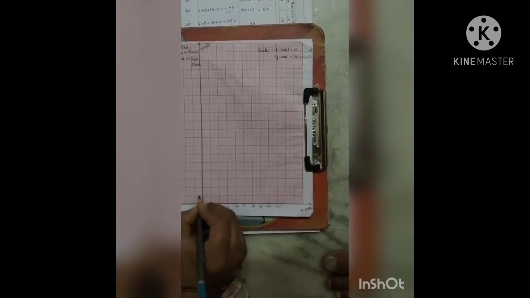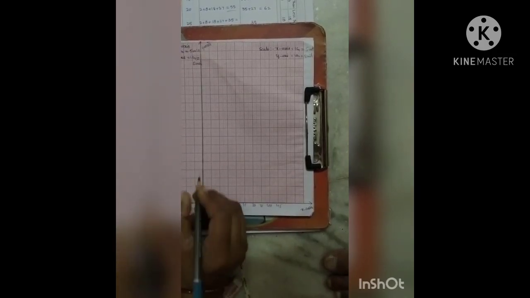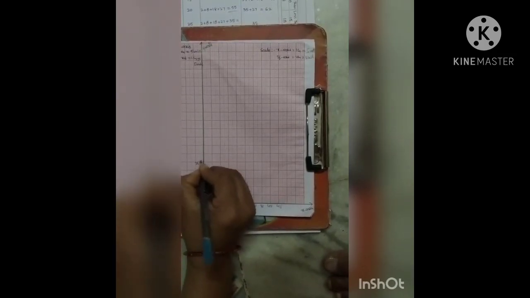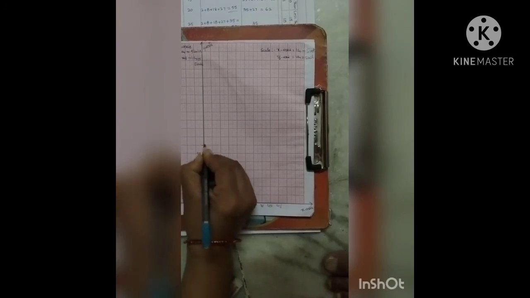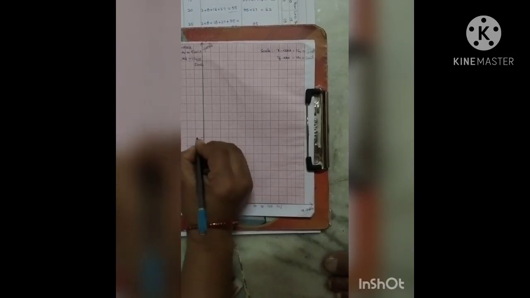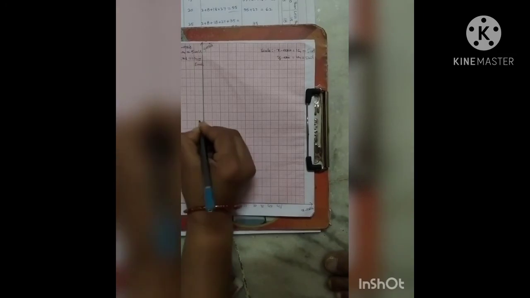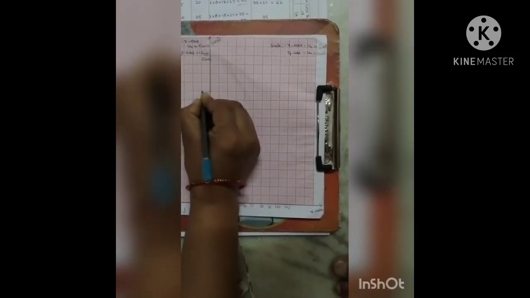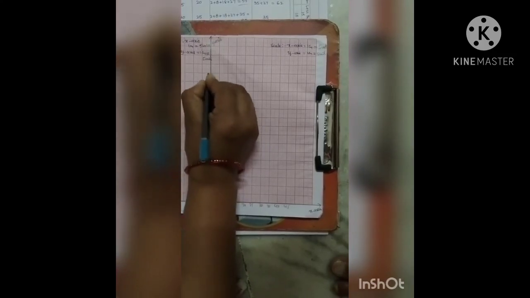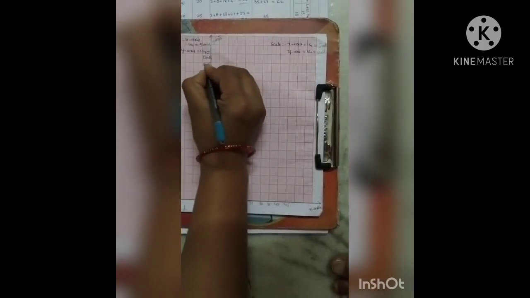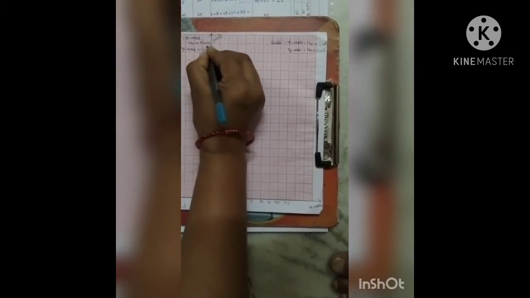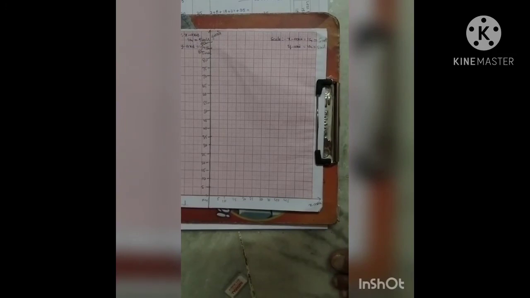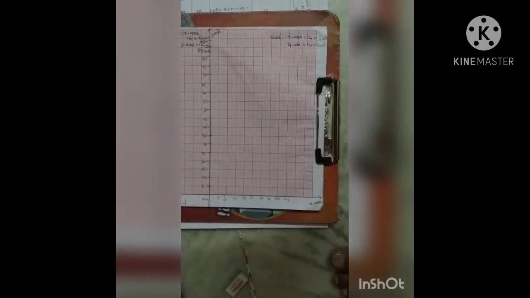Next, the y-axis: 5, 10, 15, 20, 25, 30, 35, 40, 45, 50, 55, 60, 65, 70, 75, 80, 85, 90. Okay children. Here also the same scale.